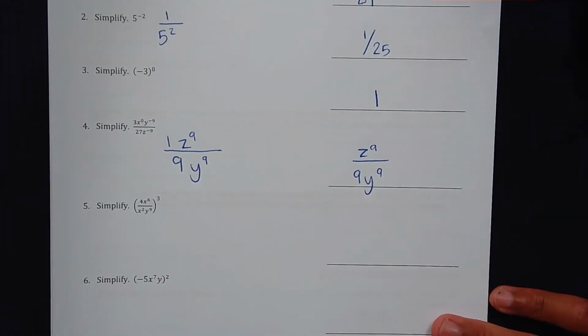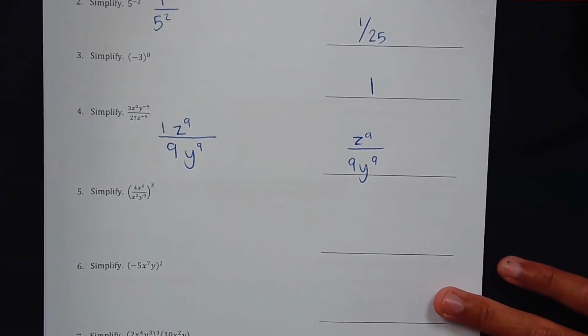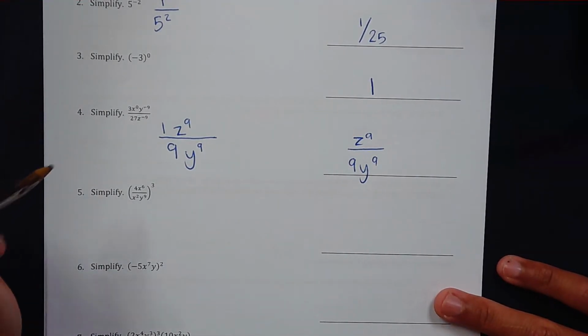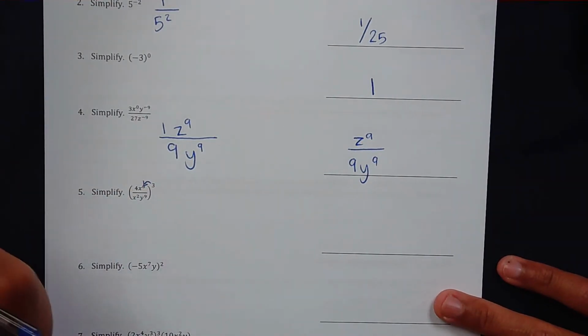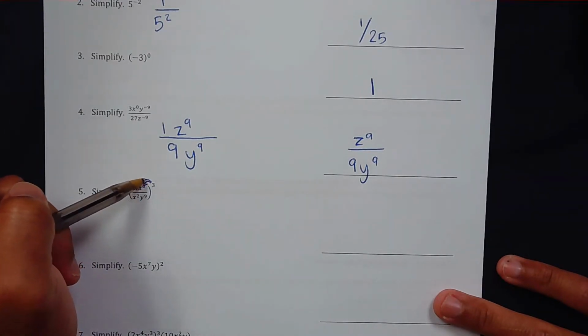All right, with number 5, very similar to this. I think you are used to solving it this way, where you distribute this 3, so to say. Don't think of it as a distributive property. It's not the same thing. But anyways, this 3 applies to that 4.